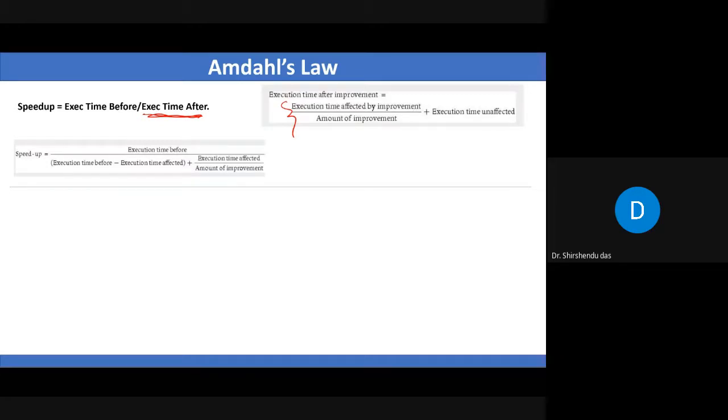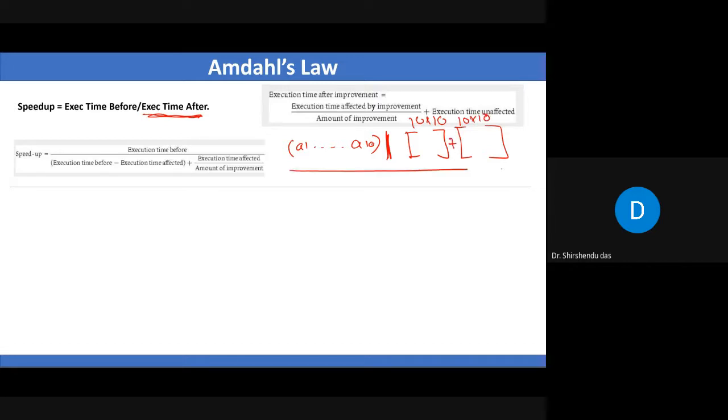Suppose we have a1 to a10, an array of 10 elements, and then we have two matrices here. Both are 10 cross 10 matrices. So what is our task? We have two tasks. The first task is to add all these scalar elements, means a1 plus a2 plus a3 plus up to a10.